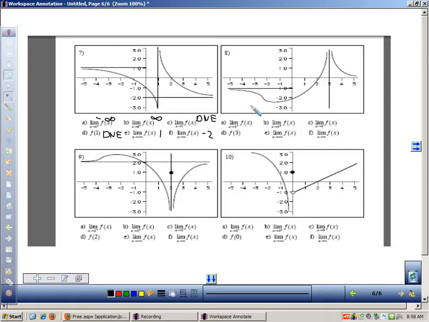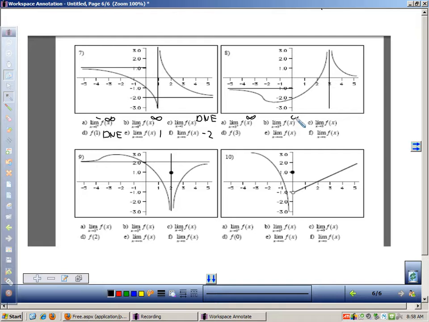All right, let's look at number 8. As x approaches 3 from the left side, so we're going along here, what happens to my function? Keeps going up and up. So we could say positive infinity. As x approaches 3 from the negative side, keeps going up and up again.